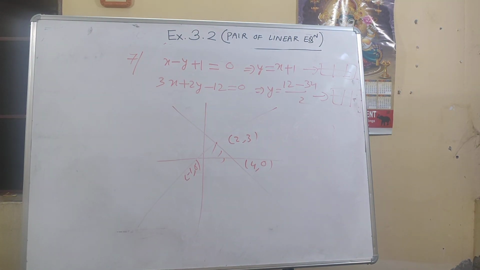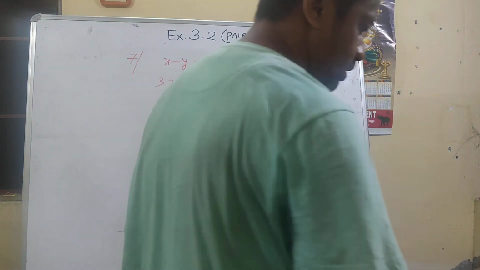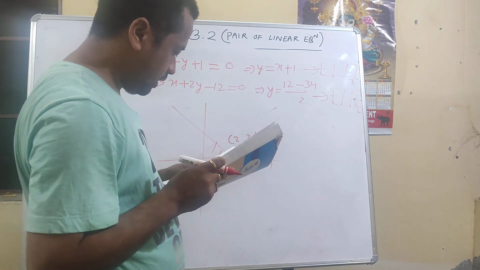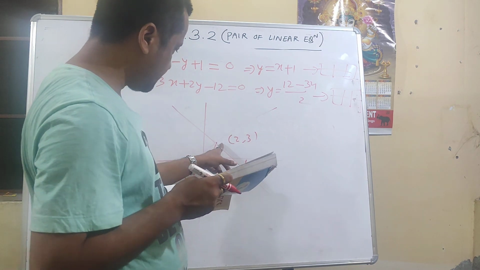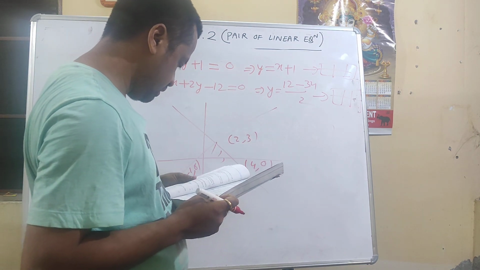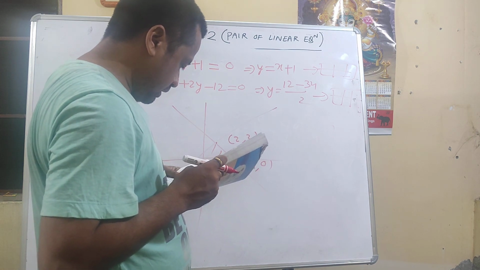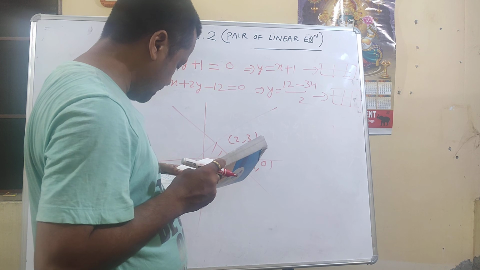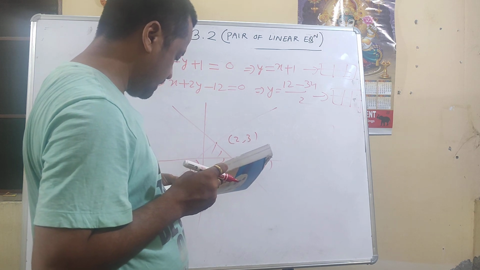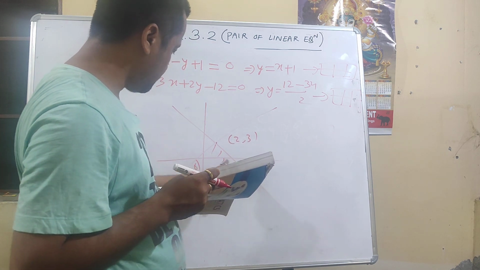The lines will intersect like this. So determine the coordinates of the vertices. The vertices will be 2, 3, and, with the x-axis, the triangular region formed by these lines and the x-axis. On the x-axis it is 4, 0 and this.